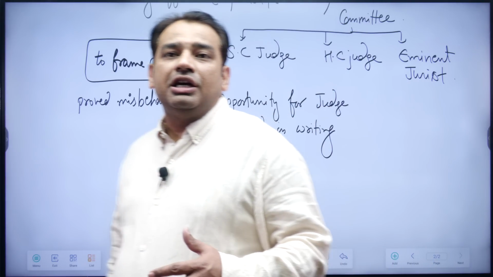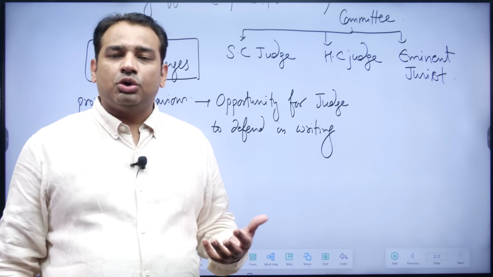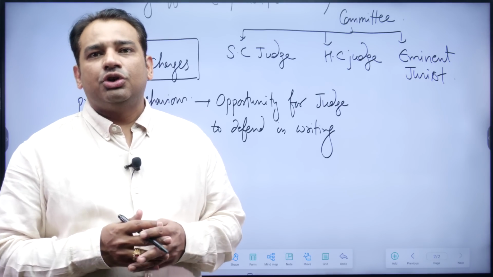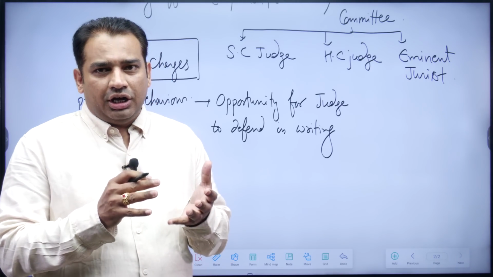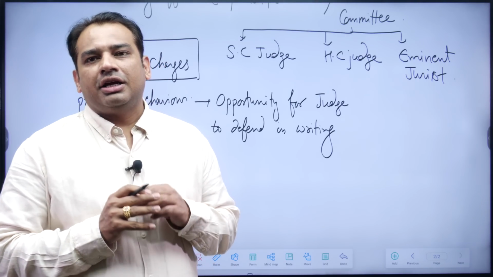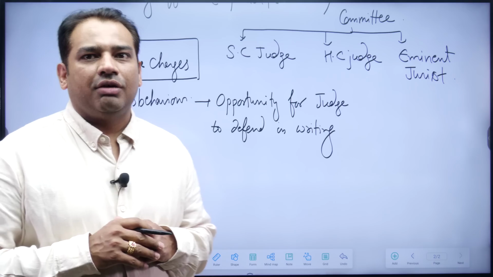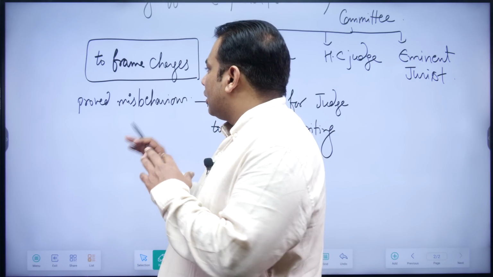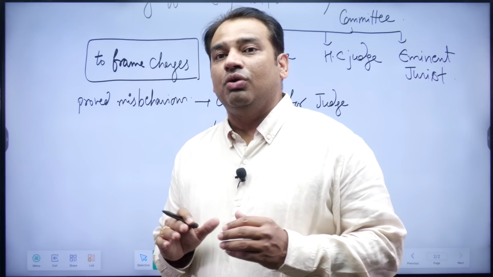It's like the committee is framing the charges and we are seeking a reply from the judge also, so that what are the charges against you and what you are supposed to say over these charges. If the judge is able to convince the committee that there is no violation, no proved misbehavior, then the committee can even end this procedure here and there will be no further steps.